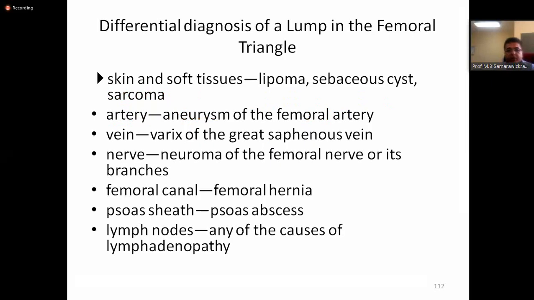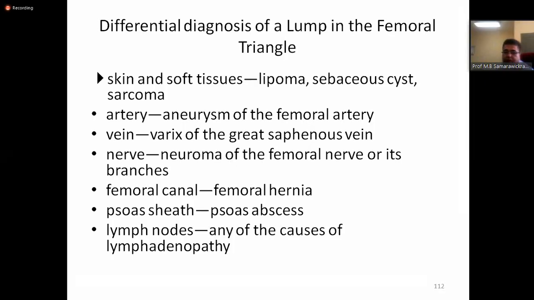Right. So differential diagnosis of a lump in the femoral triangle, and similarly you should know the differential diagnosis of the popliteal fossa, the triangles of the neck, and the axilla. I have given only one example, from the femoral triangle. So if you know the types of tissue there, you can mention what the lump is, right?